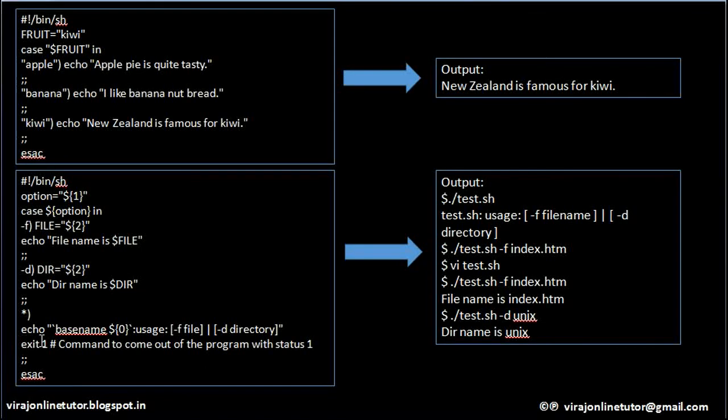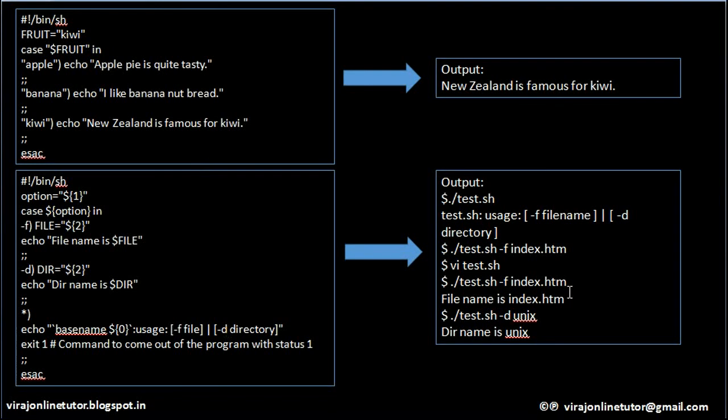That time it will print on the screen basename $0, meaning the name of the script. It will print the usage of the script saying please use the script in this fashion, wherein -f followed by file name or -d followed by directory name. These are the only two valid options that I am supporting. If the user types any other flag other than -f, -d to this script, then I will print this usage message on the screen. And I am exiting from the script.